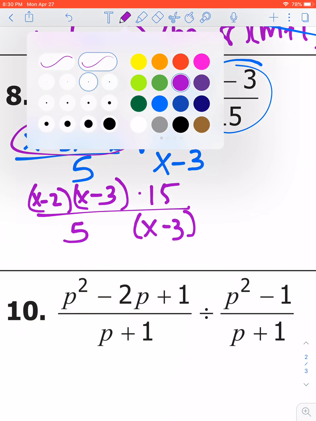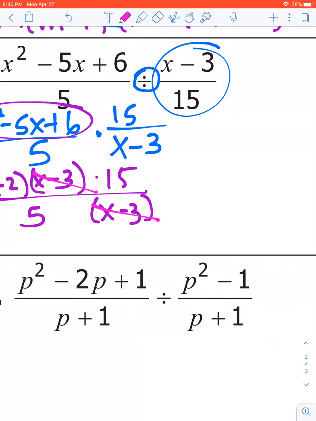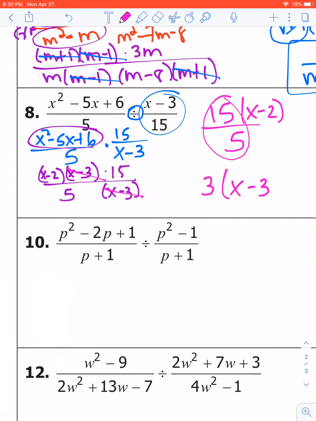Then I can cancel out the x minus 3's, and that is going to yield 15 times x minus 2 over 5. Those can cancel, leaving me a final answer of 3. Oops, I have a typo there. 3 times x minus 2.